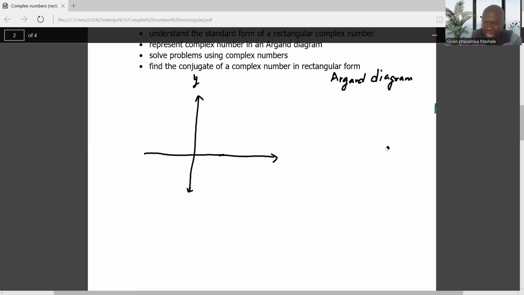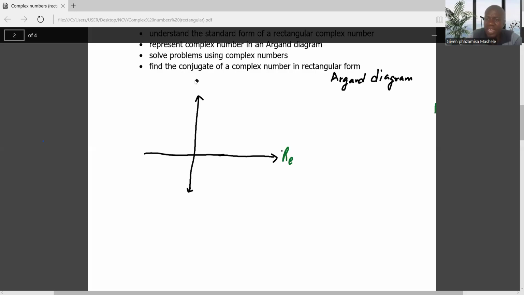So this is the real axis. It means we only include the real values. This is the real x, where we represent the real values. And the y-axis is called the imaginary axis.